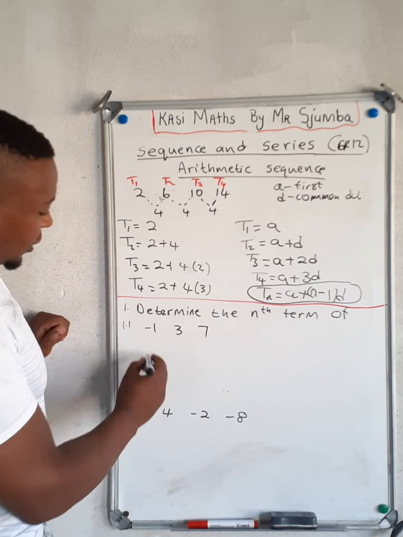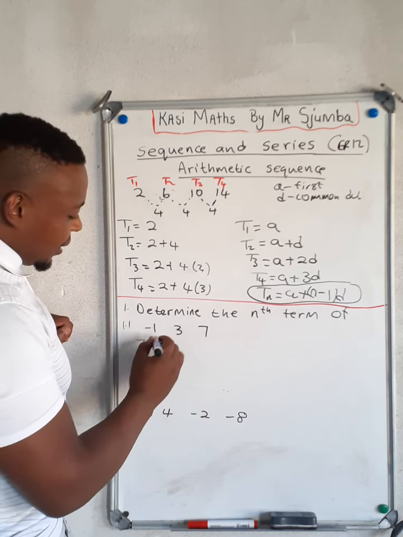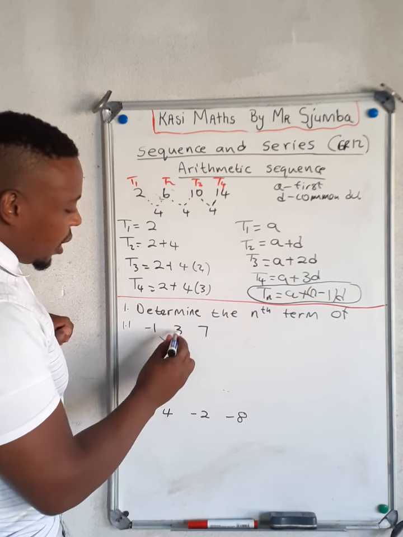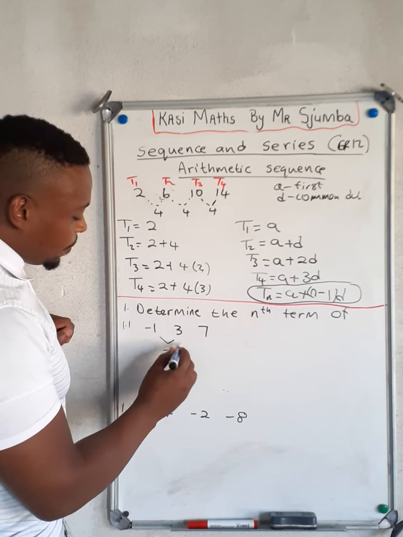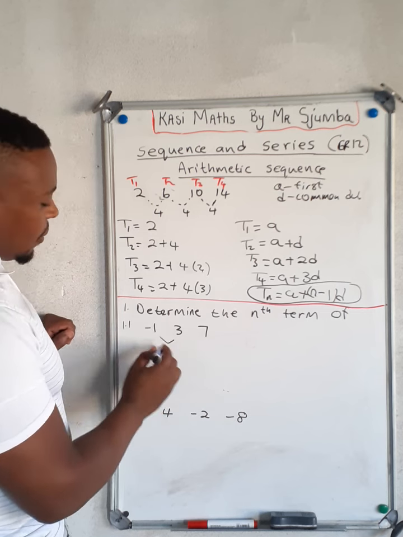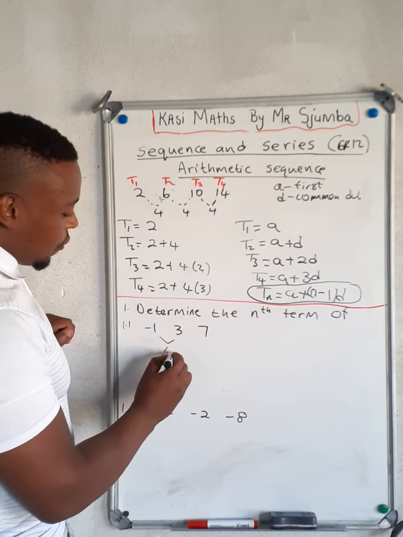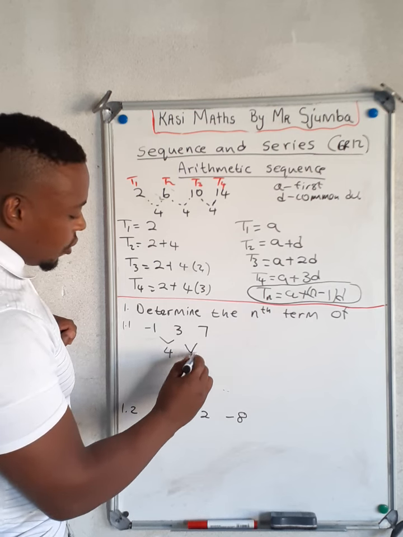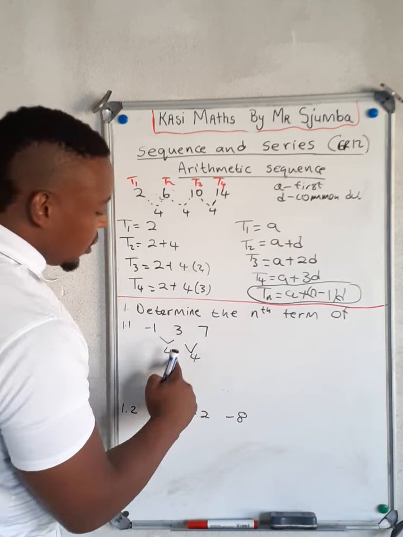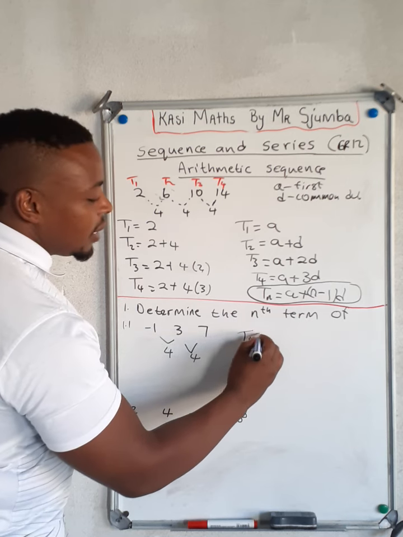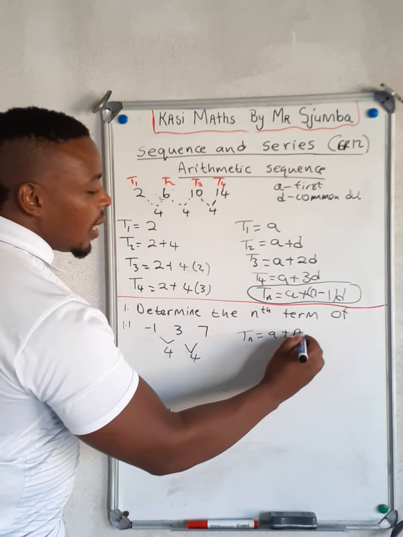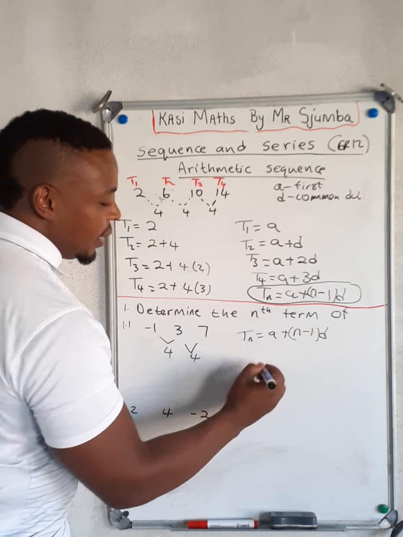So the first thing is to check, since this is arithmetic: each term minus the previous one gives 4, and again 4. So we know this is arithmetic, so we can say Tn is equal to A plus n minus 1 d.